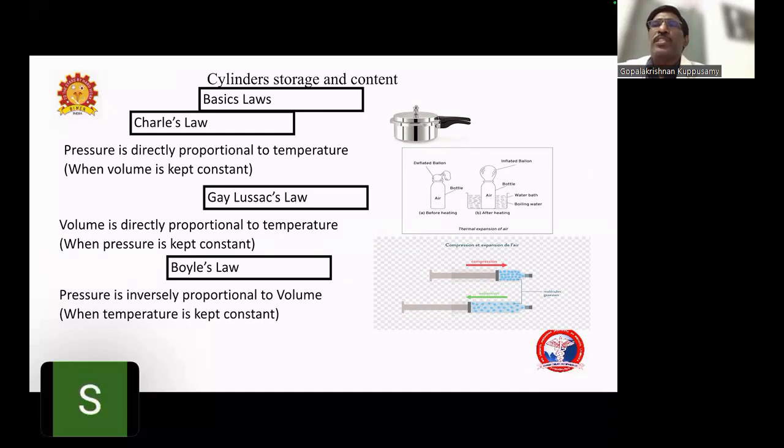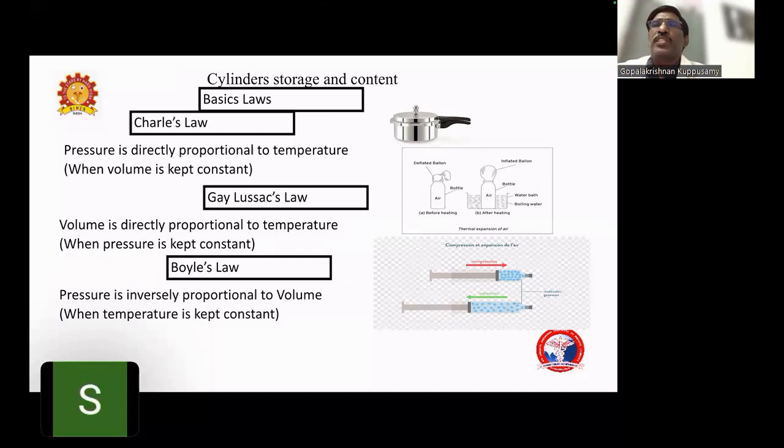Then coming to the Gay-Lussac law, it says that volume is directly proportional to temperature when pressure is kept constant.